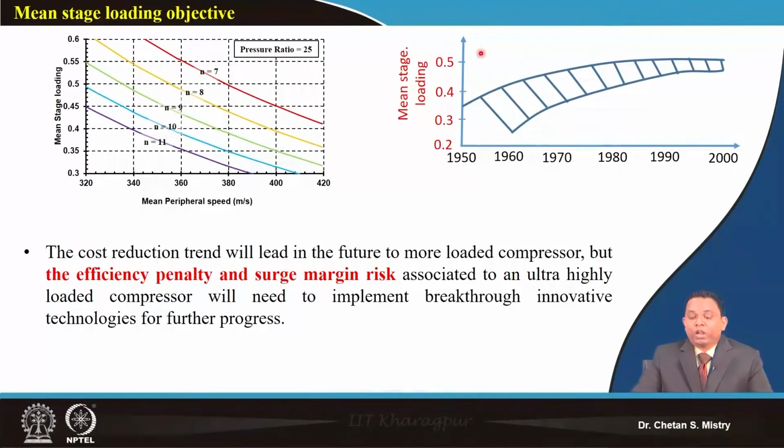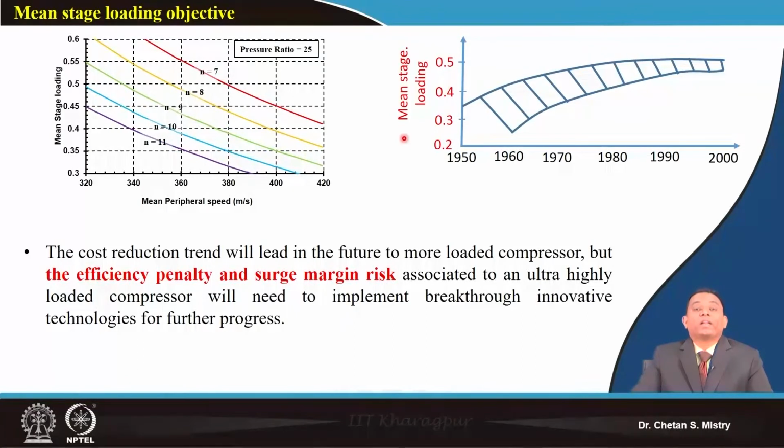So if you recall, this represents the global trend. Day by day our expected overall pressure ratio is increasing, and at the same time we are moving towards higher mean stage loading.